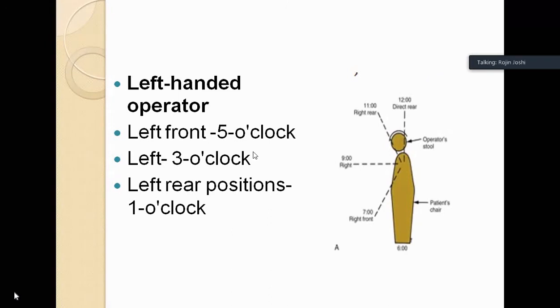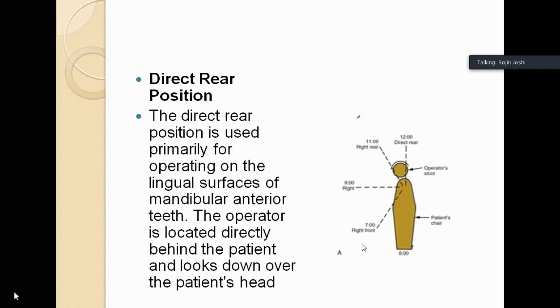Okay, so that is how you sit on your dental chair. This is your direct rear position, which is the 12 o'clock position, for both right-handed as well as left-handed operators. The direct rear position is used primarily for operating on the lingual surface of mandibular anterior teeth.